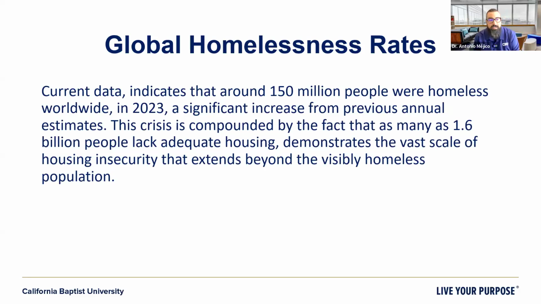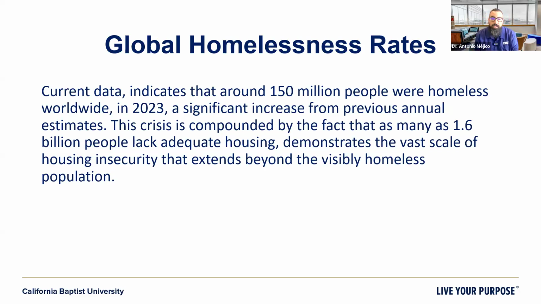Now, a couple of other statistics related to homelessness. Current data indicates that around 150 million people were homeless worldwide in 2023, a significant increase from previous annual estimates. This crisis is compounded by the fact that as many as 1.6 billion people lack adequate housing, which demonstrates the vast scale of housing insecurity that extends beyond the visibility of the homeless population.